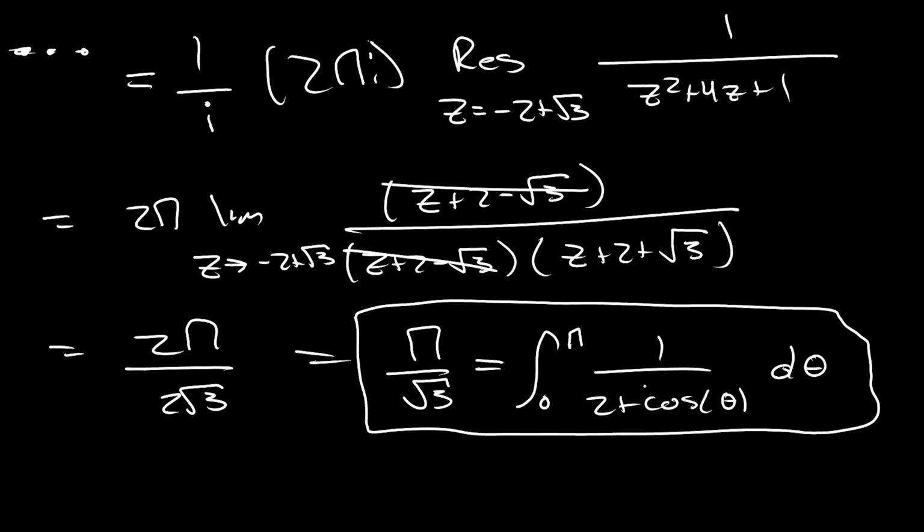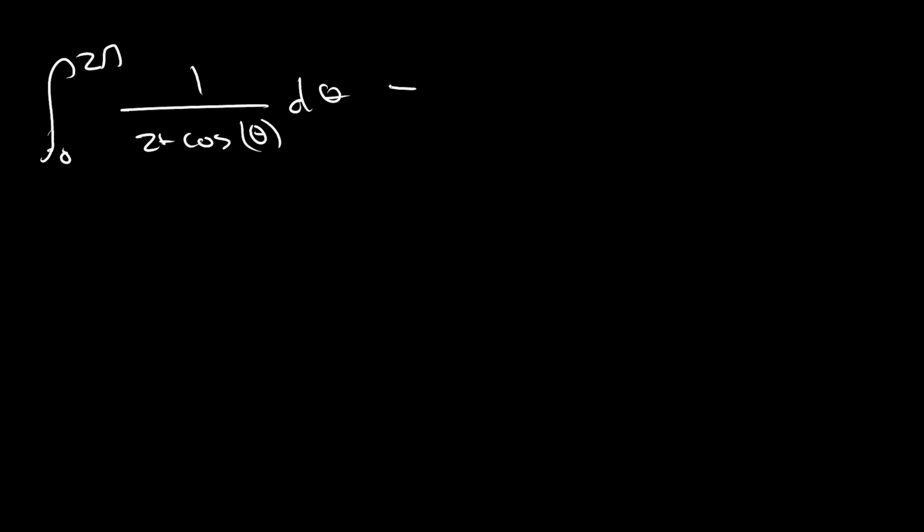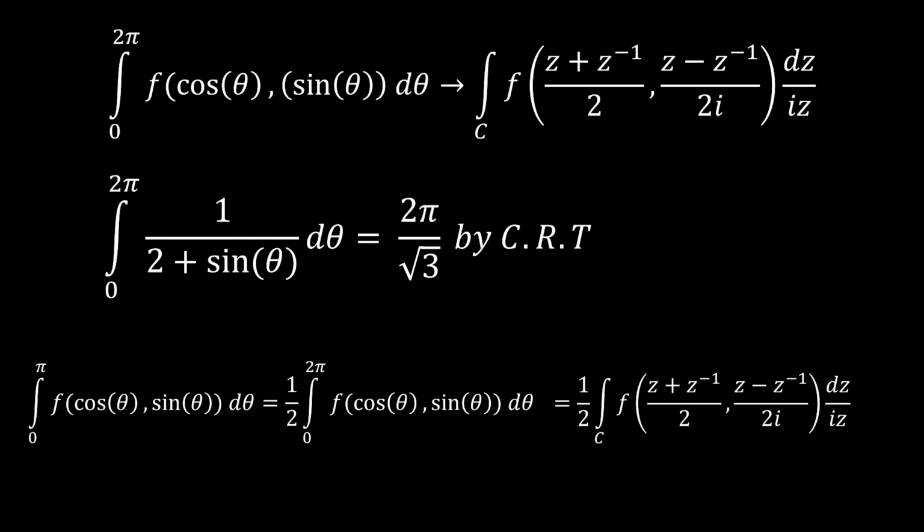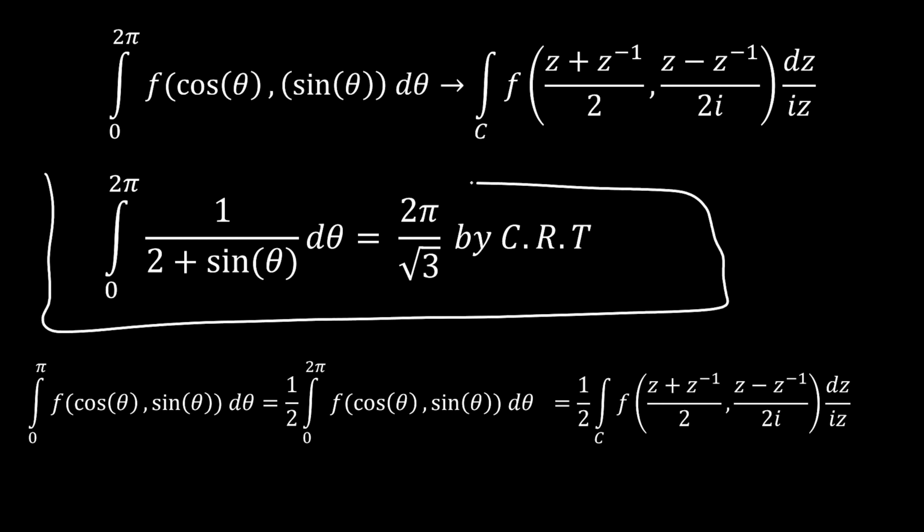So we had that factor of 1/2 out here before, so to evaluate this integral, knowing that solution, we can just multiply by 2 to get 2 pi over root 3. And if you go back to the previous video, you'll see that we got the same solution for this integral right here with Cauchy's residue theorem.